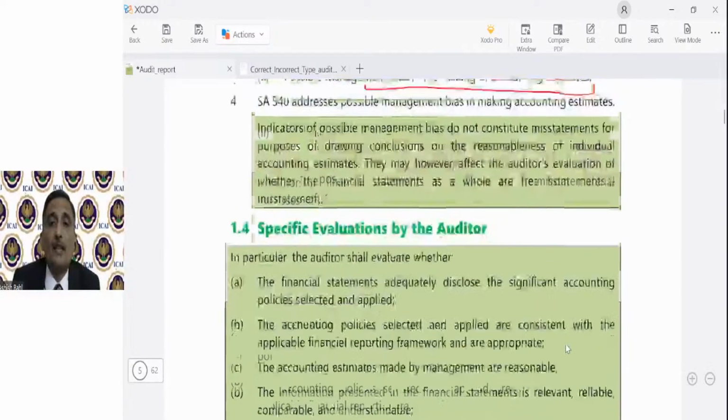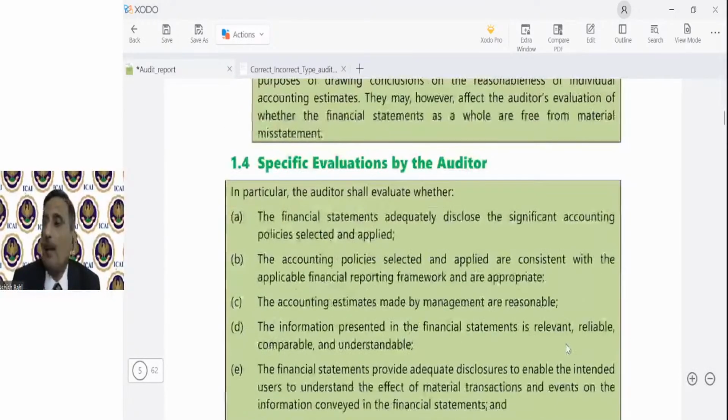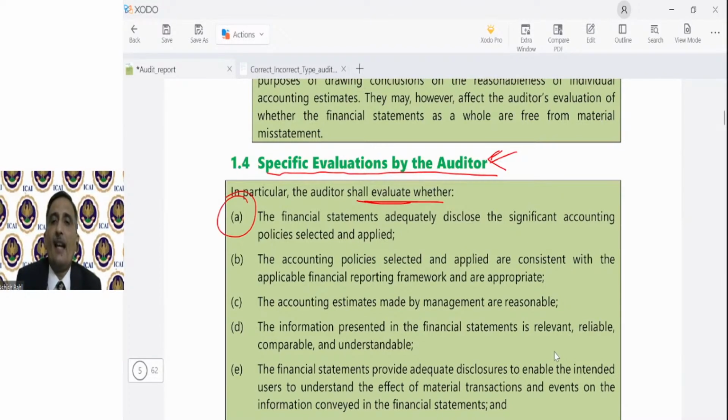Okay, so this has also to be taken into consideration by the auditor. So specific evaluations by the auditor. Now these are the specific evaluations which are to be done by the auditor. In particular, the auditor shall evaluate whether financial statements adequately disclose the significant accounting policies selected and applied.